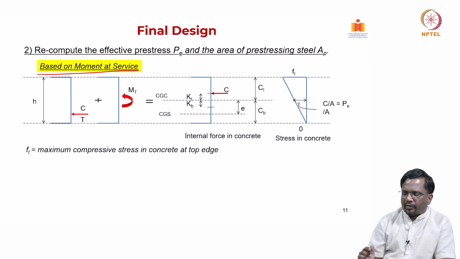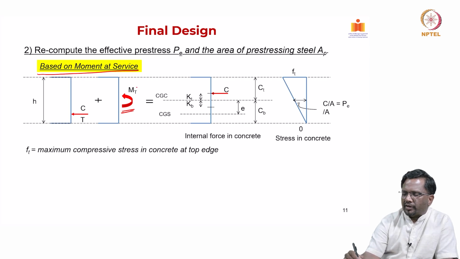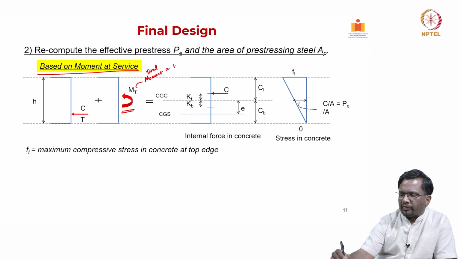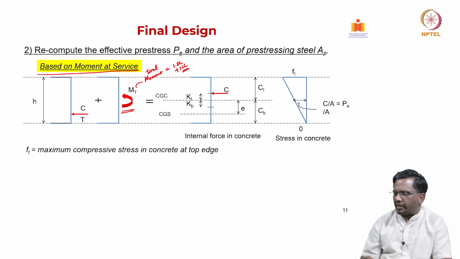Now, for service conditions, this is the total moment acting. Typically we take it as dead load plus live load at service. So this is service, not the ultimate, condition.